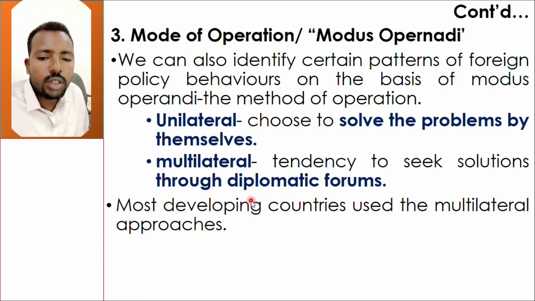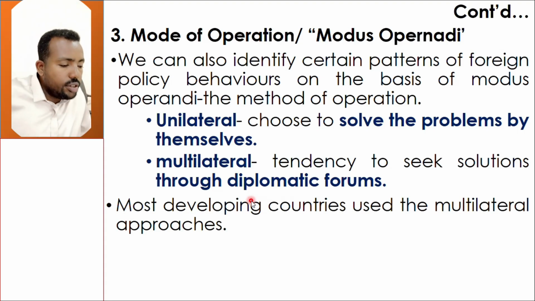These are forums that are prepared by the United Nations to address collective problem that is global climate change. So this is a tendency to seek solutions to common problems through diplomatic talks and negotiations.